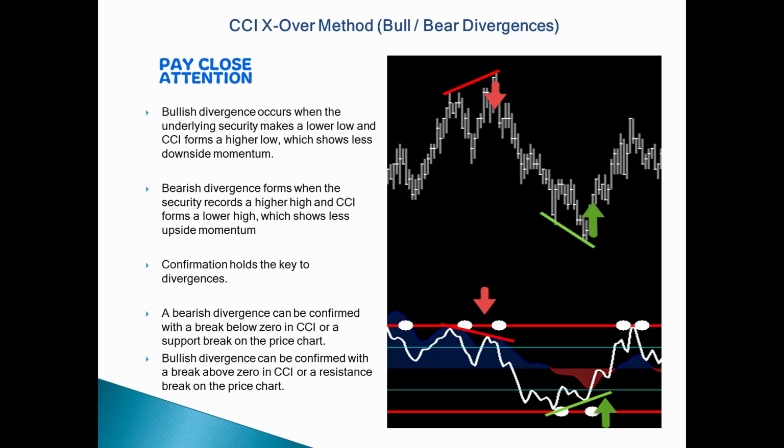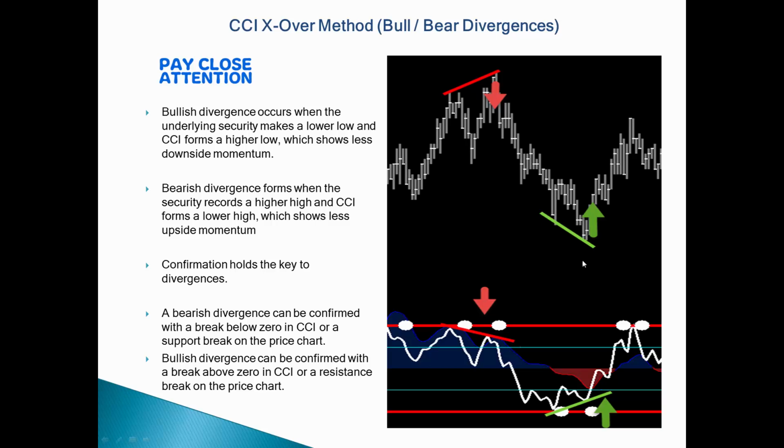Let's talk about some bullish and bearish divergences. So again, the bullish divergence occurs when the underlying security makes a lower low over here, and the CCI makes a higher low, which basically indicates less downside momentum. Very classic. Everybody has seen divergences.